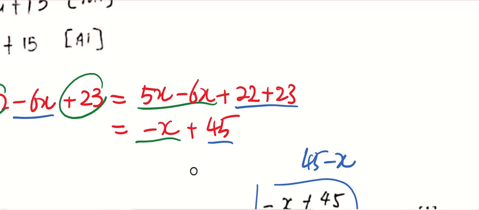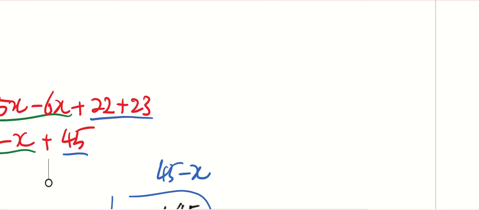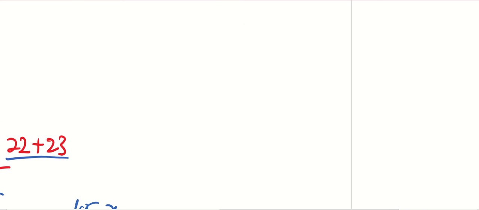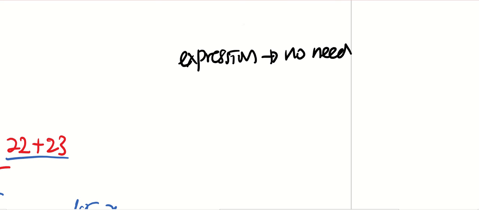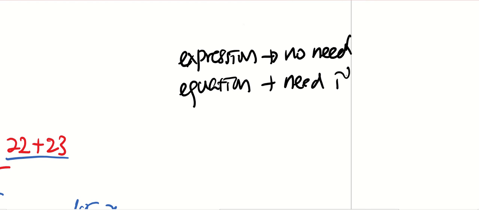At this point in time, I need to address when you need to change signs when you move things around, and when you do not need to change signs. When it's an expression, there is no need to change sign. When it's an equation, you need to change sign if you're moving across the equal sign.